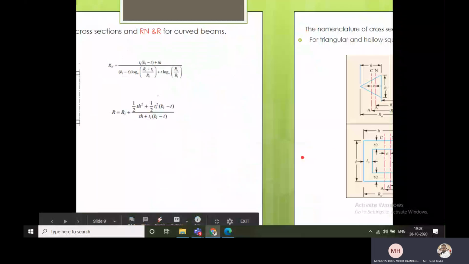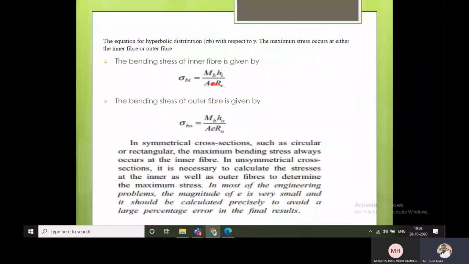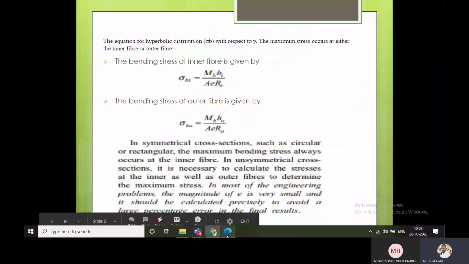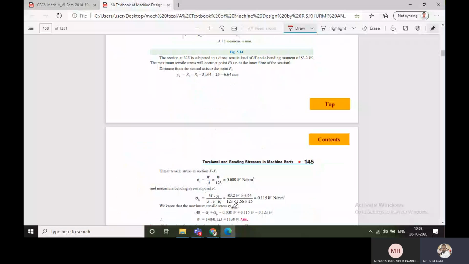This is the bending stress for the inner fiber and the bending stress for the outer fiber. Because this is a non-symmetrical section, two bending stresses, Bi and B0, you need to calculate. Bending stress at the inner fiber, this is the relation. Substitute all the values and you will get the answer in terms of W.